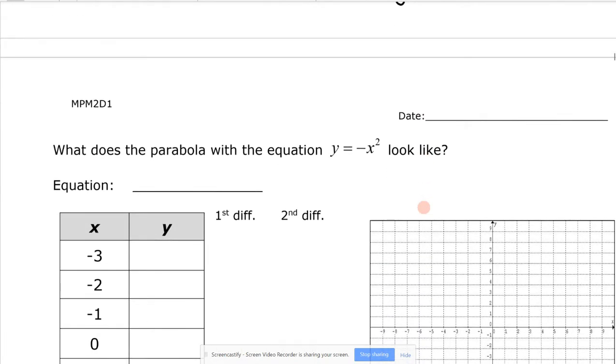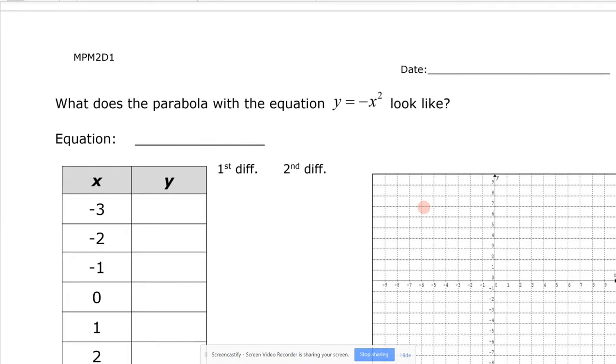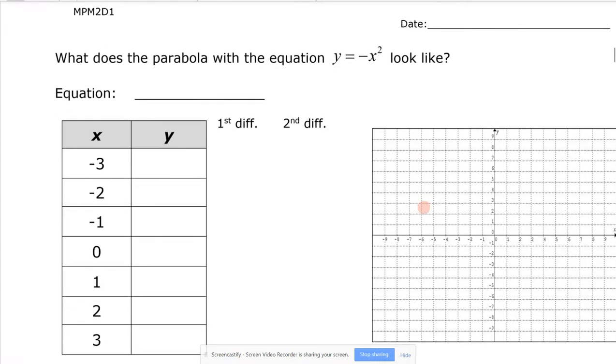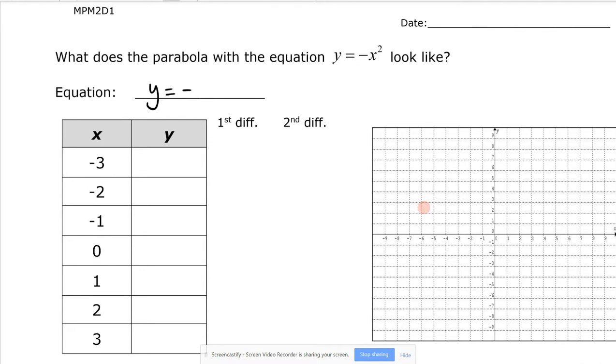Okay, so let's look at another parabola. What does a parabola with this equation look like? Here's the equation, y equals negative x squared. So what you have to do is take your x value, negative 3, square it, and then multiply by the negative in front. So negative 3 squared is positive 9, but with the negative there, it's negative 9.